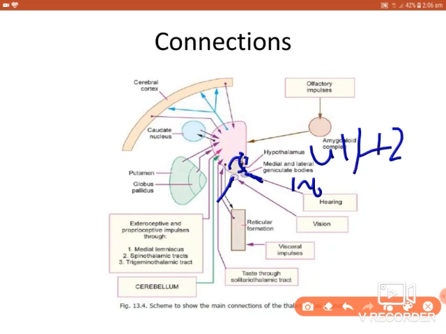The lateral geniculate body receives information from the optic tract, then through the pulvinar sends outputs to the occipital cortex, mainly the primary visual area, area number 17.